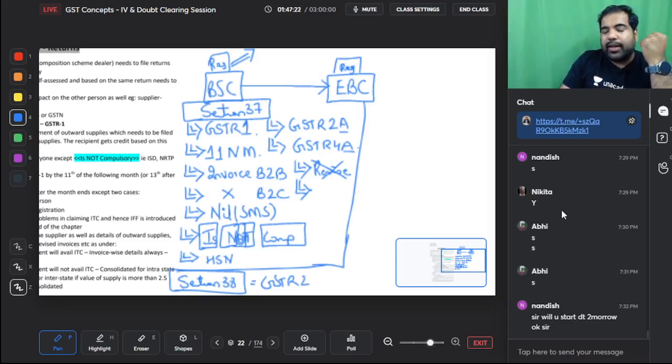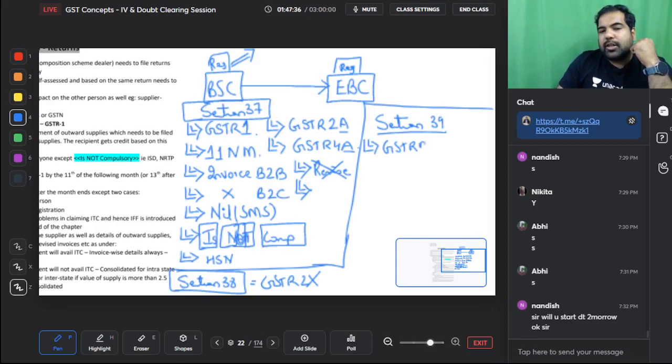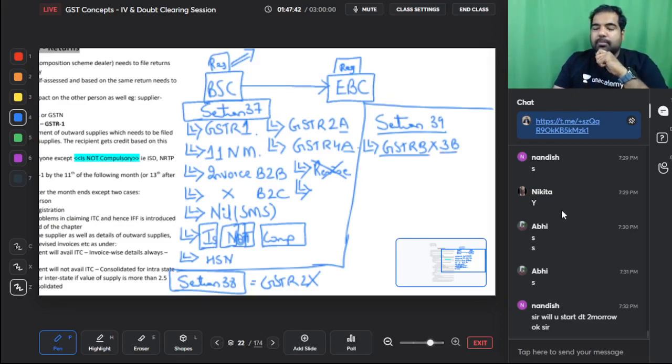Do you need to file anything on your inward supply? No, it has not been notified yet. And then one of the main sections is section 39, which talks about one of the main returns, that is GSTR3, but GSTR3 has not been notified, so we have GSTR3B. I call it the beta version of 3B.